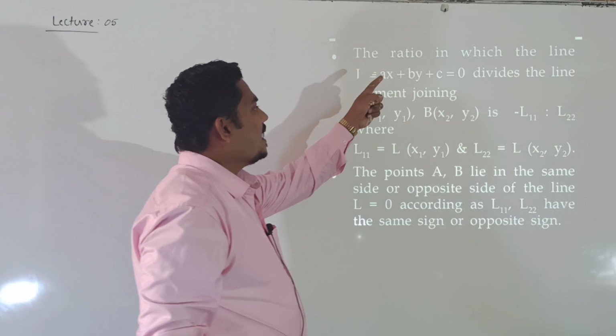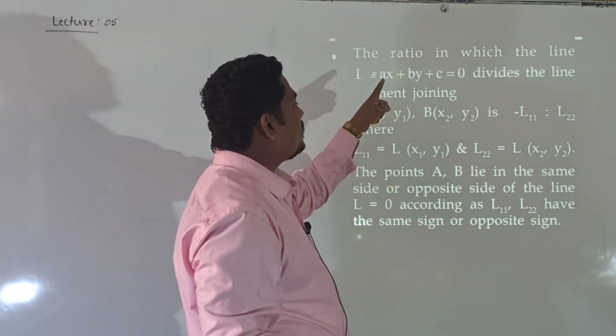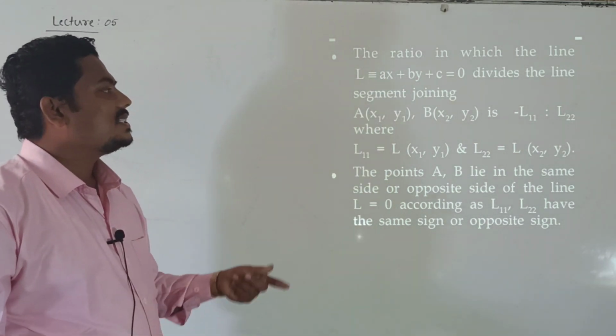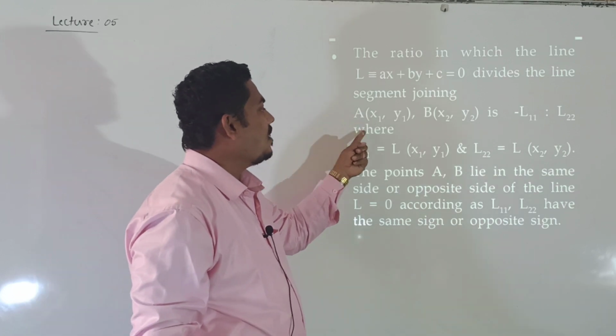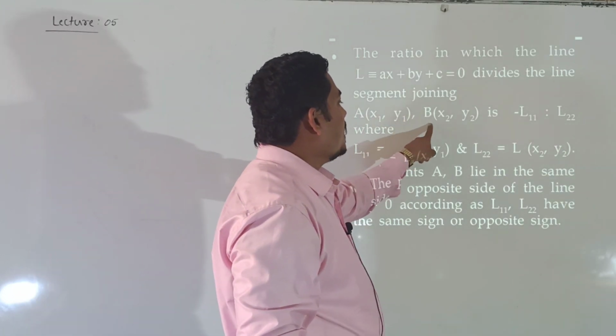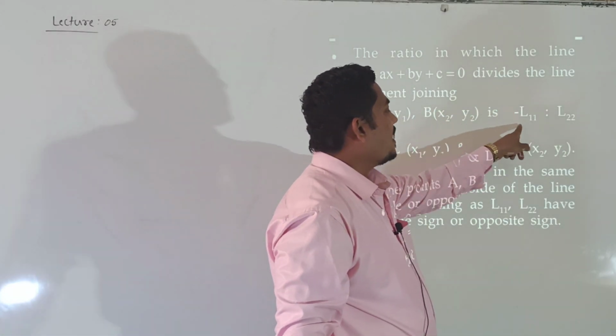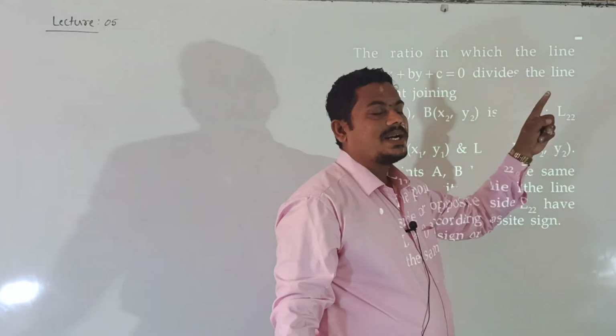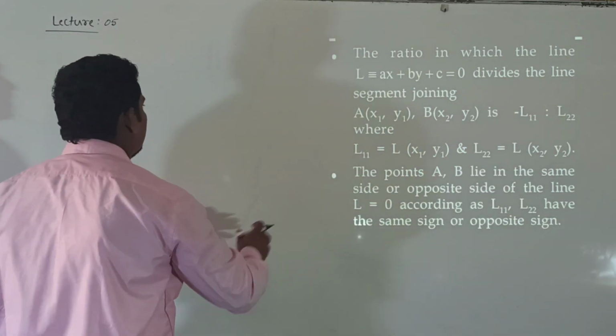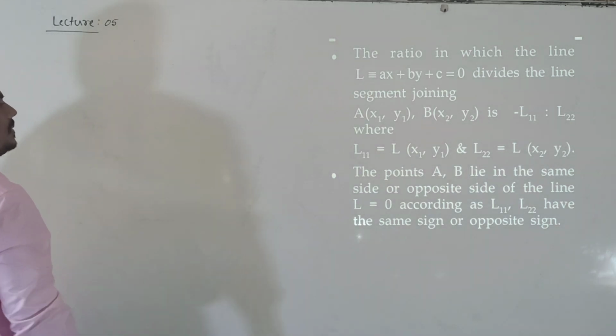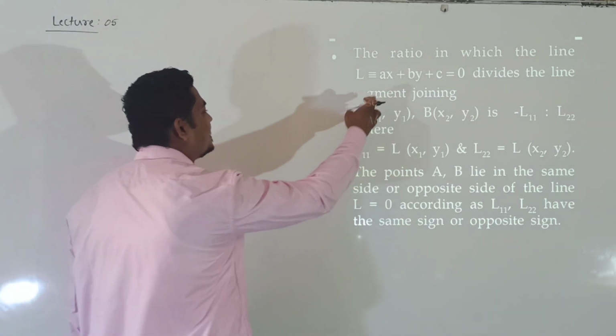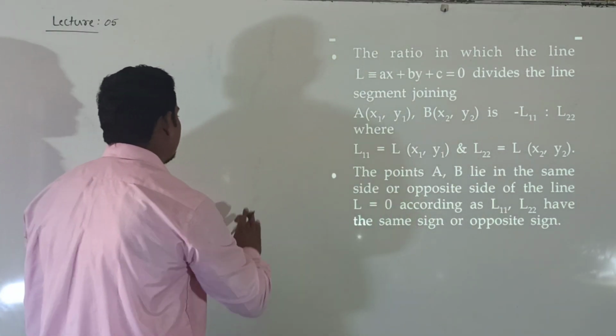The ratio in which the line ax plus by plus c divides the line segment joining A of x1, y1 and B of x2, y2 is minus L11 is to L22. Now, in what ratio does this line divide the line joining these two points?